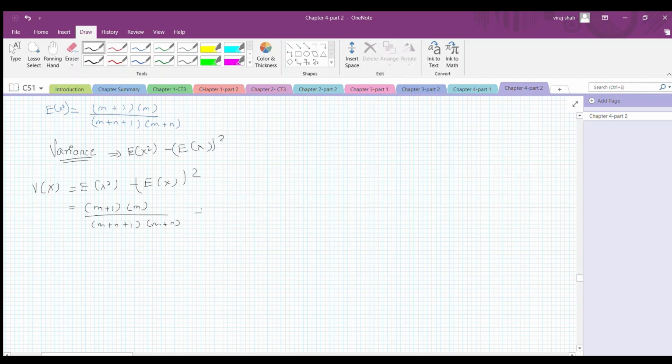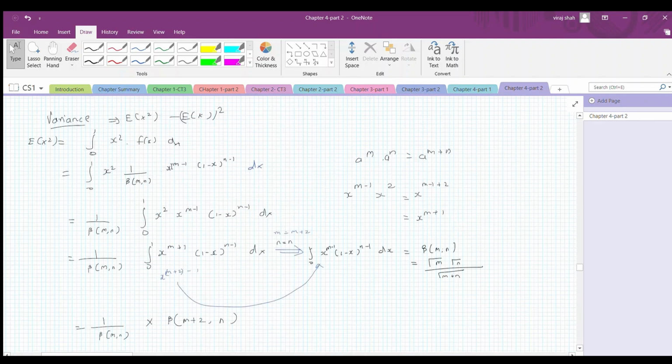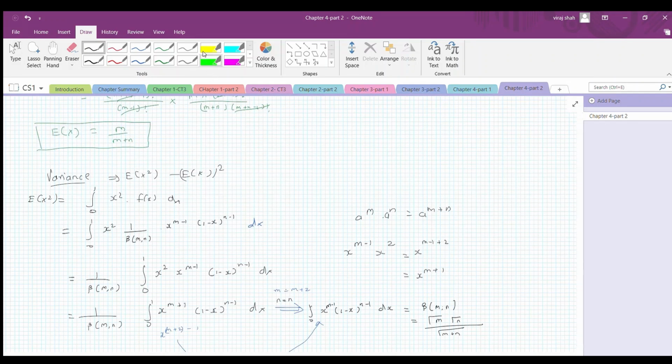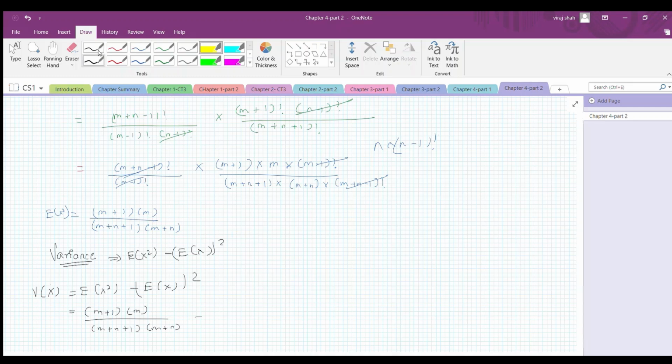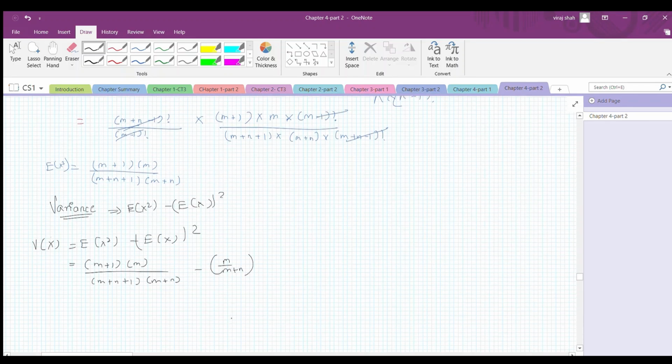What is expectation of x? I found my expectation of x. It was nothing but m upon m plus n, right? So let me write that. m upon m plus n. Expectation of x the whole square, so m upon m plus n the whole square.